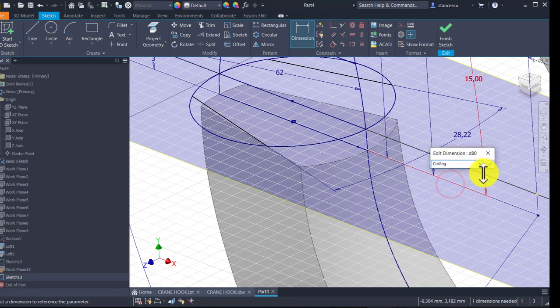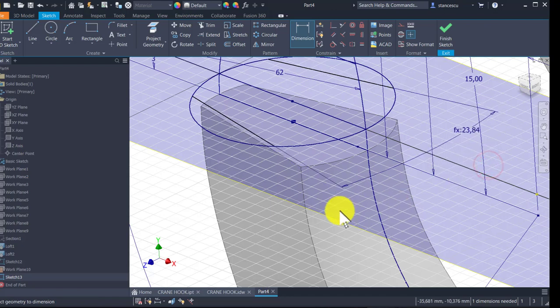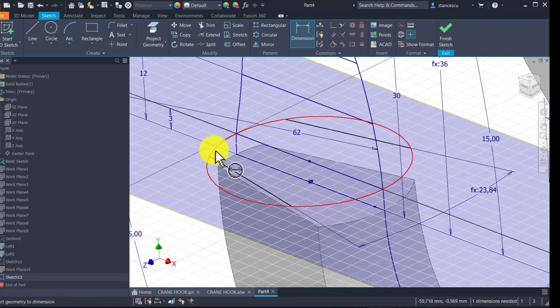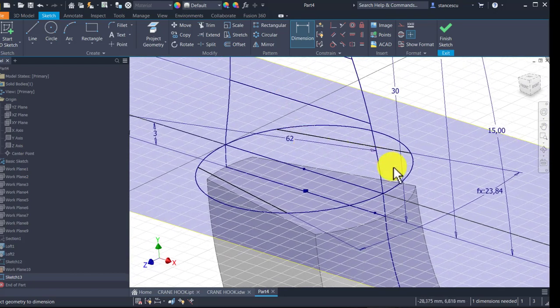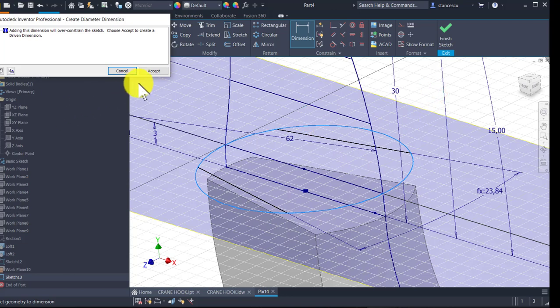Oh, my age is the motif of selecting points, lines, entities.